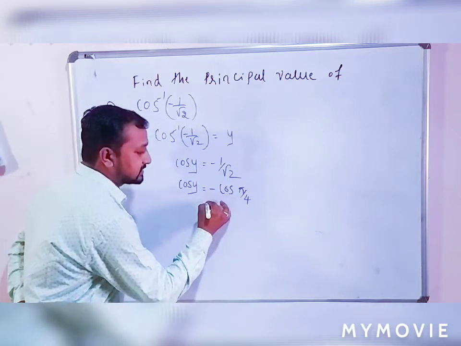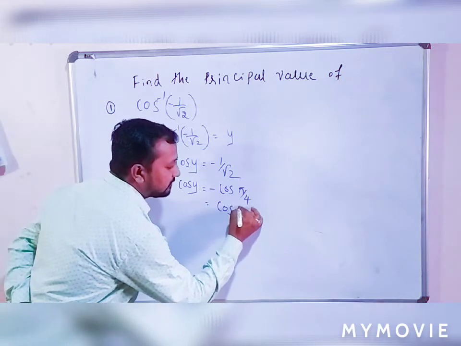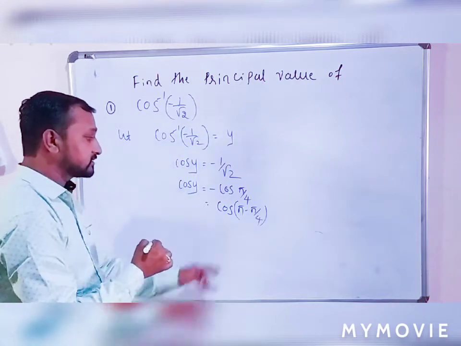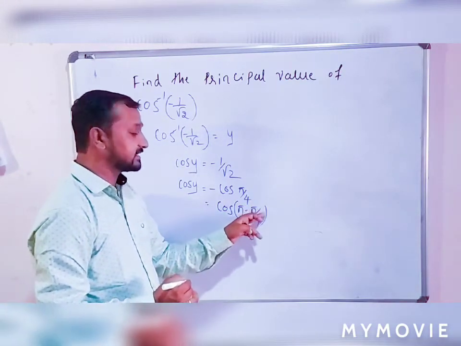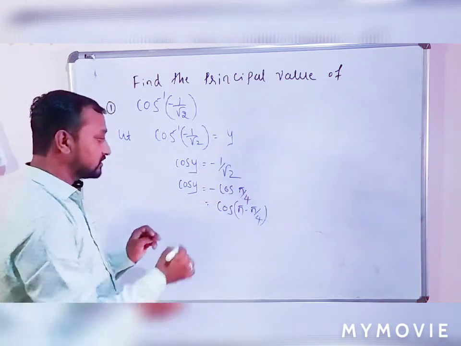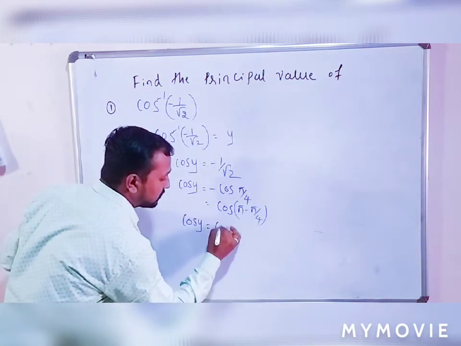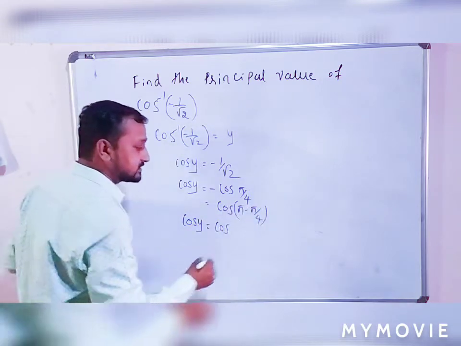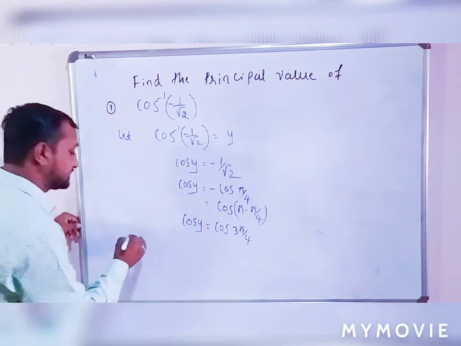This is equal to cos of pi minus pi by 4. Is it right? Because cos of 180 minus theta is minus cos theta. Is that clear? So cos y is equal to cos of 3 pi by 4.